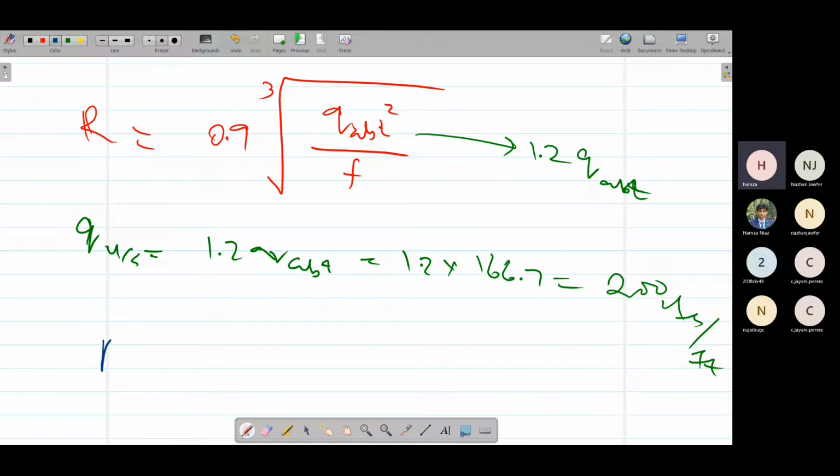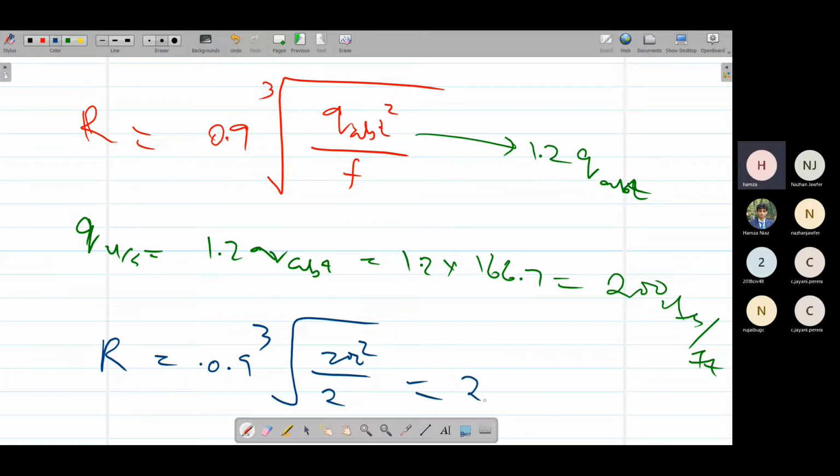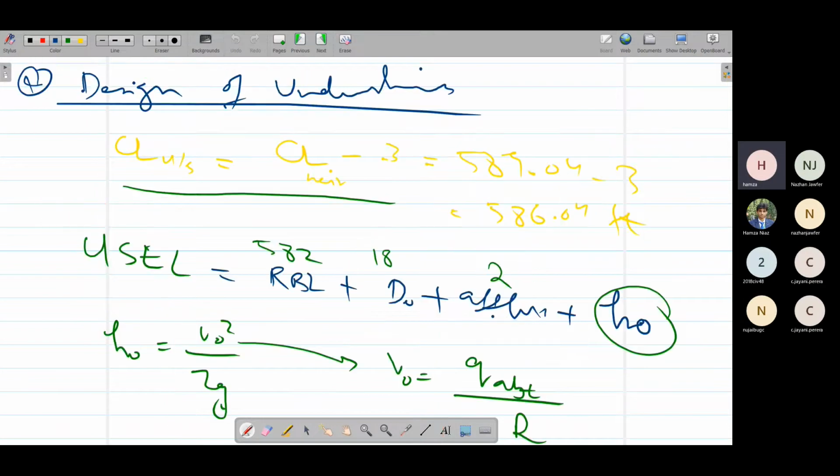Now simply we can calculate this R value, that is 0.9 times 200 square over 2 cube root, and simply we can get this value as 24.43 feet. After getting this R value, we can calculate this V naught value, that would be 200 over, again we are going to use Q undersluices over here, not abutment, sorry, over 24.43.